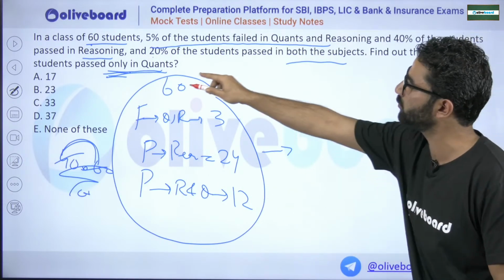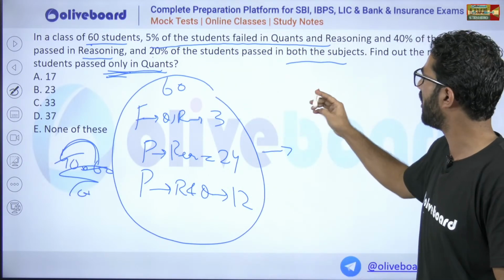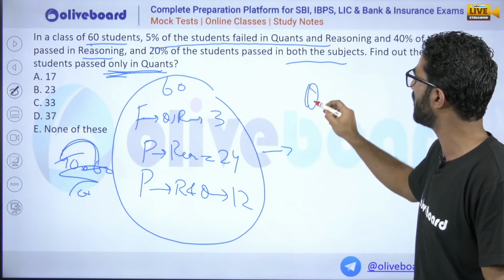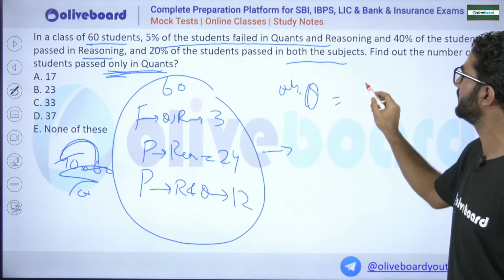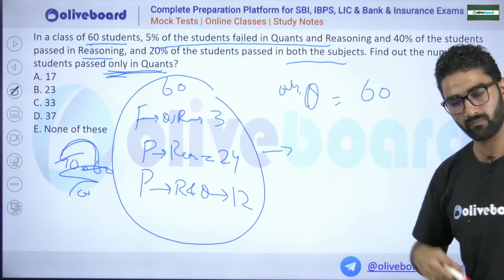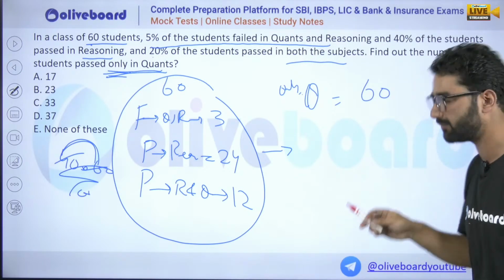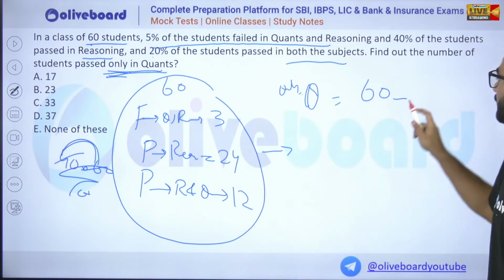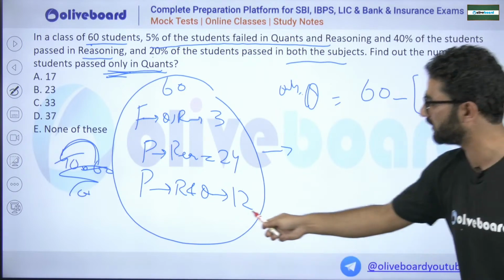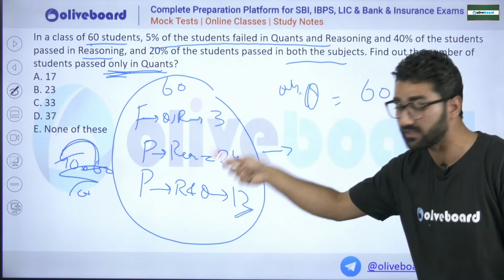Now, how many students pass only quant? Simple. Only quant means there is only quant. How many students total do we have? 60 students we have. Out of that, I will subtract those students who pass both, reasoning as well as quant.